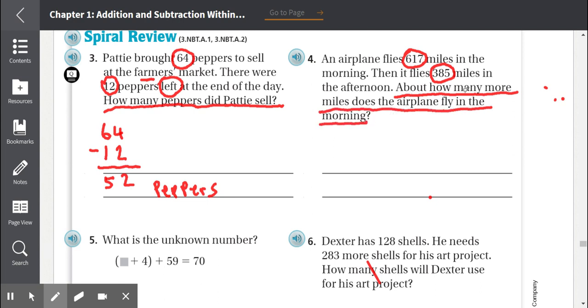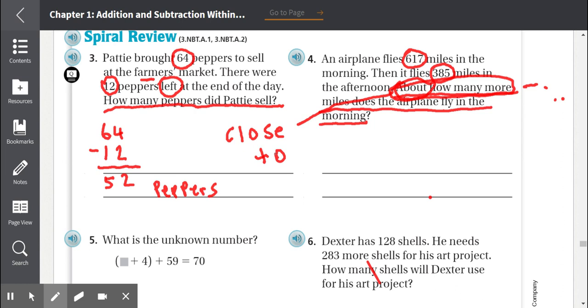And about how many more tells us we need to subtract. And the word about tells us we're looking for something close to the answer. So we're going to be estimating. So if we're estimating, let's round 617, and we can round to the nearest tens or 100.